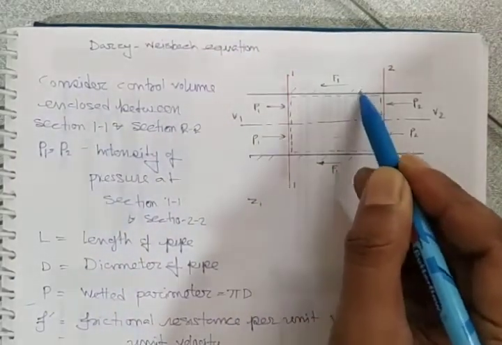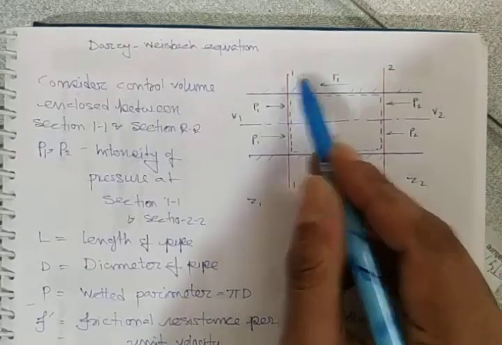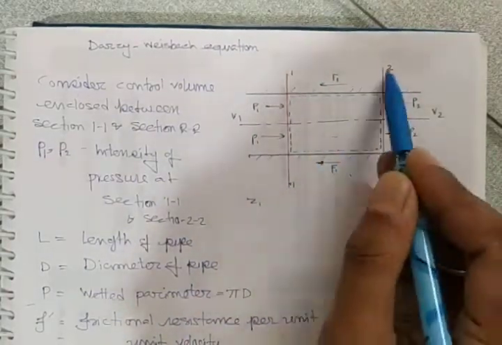In that pipe, we divided this pipe into two sections, 1-1 and 2-2.